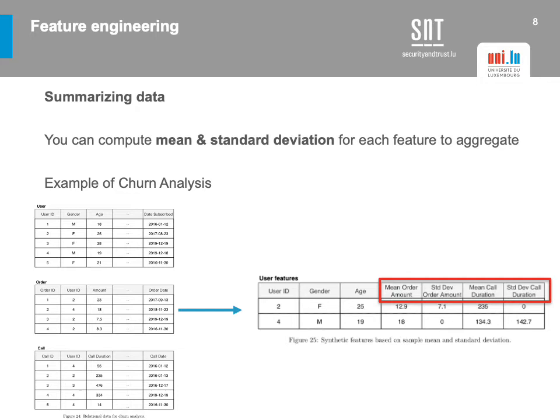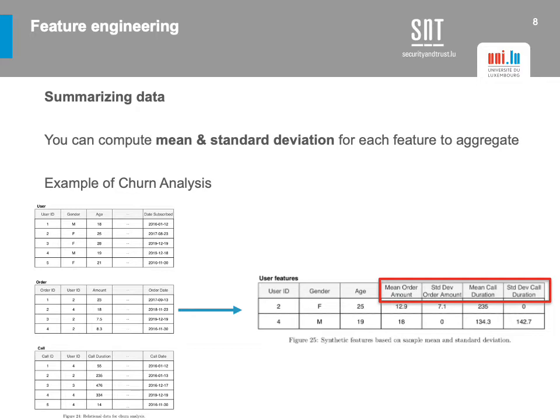So the table will be divided. We will have different rows of data for one example. And this is not tidy data. We really need to have one example per row. So what we can do is to summarize data.